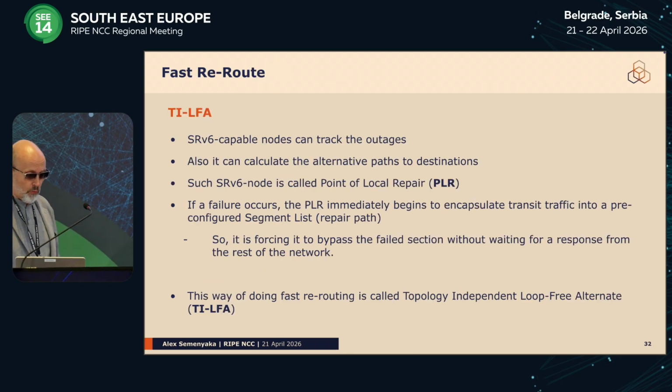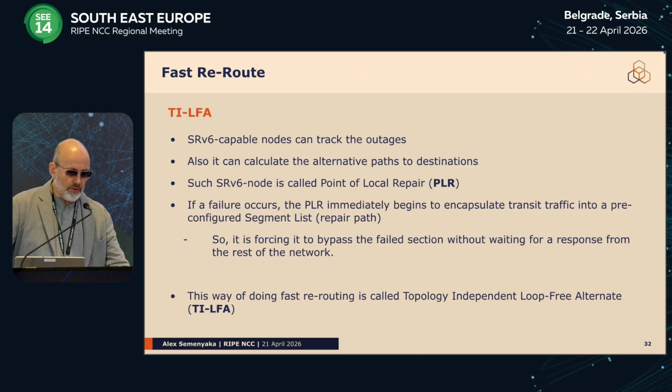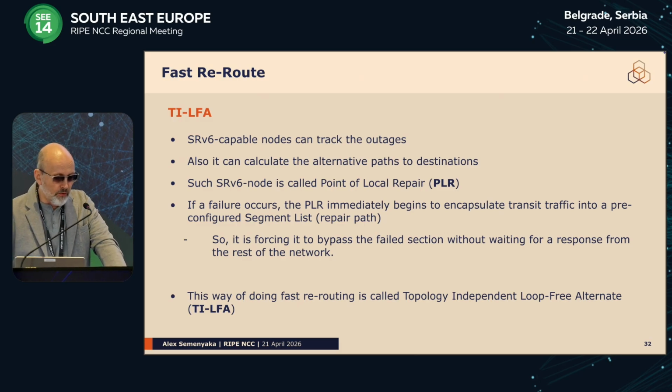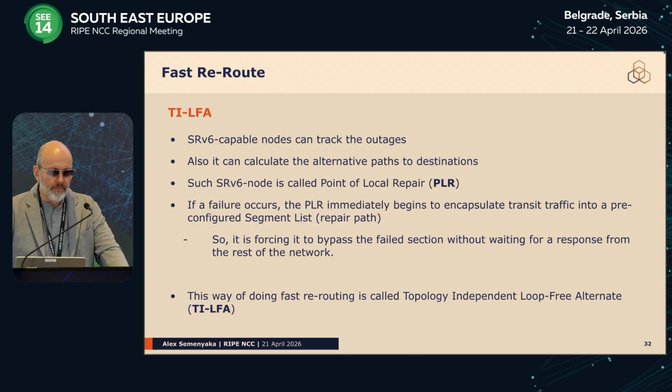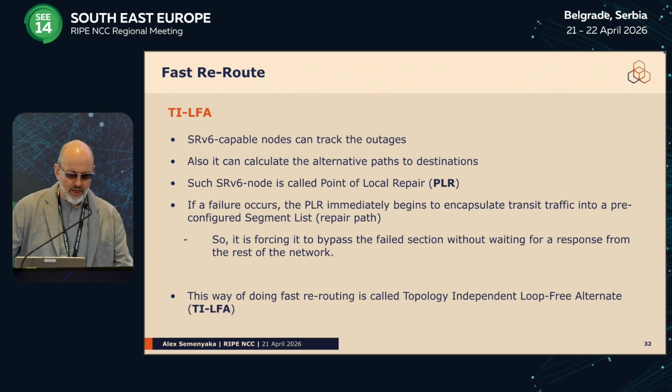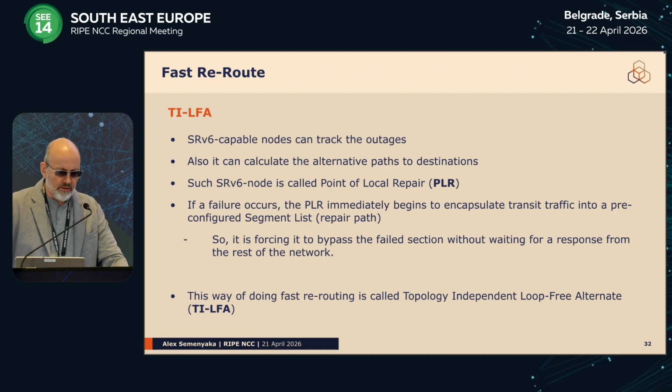And of course, here we also have fast reroute, because it was important, and nobody in the world would start using the technology without fast reroute, right? So here it's called topology independent loop-free alternate, TI-LFA. Long abbreviation, but the idea is extremely simple.